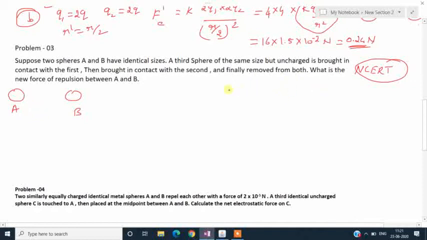So look here, the first case, let's say I have a sphere A, which has a charge Q, and I am bringing the uncharged C, that is, the charge on this is 0 now, it doesn't have any charge. If I bring and touch them, if you bring them in contact with A, the charge will redistribute. A is having Q, now it is redistributed.